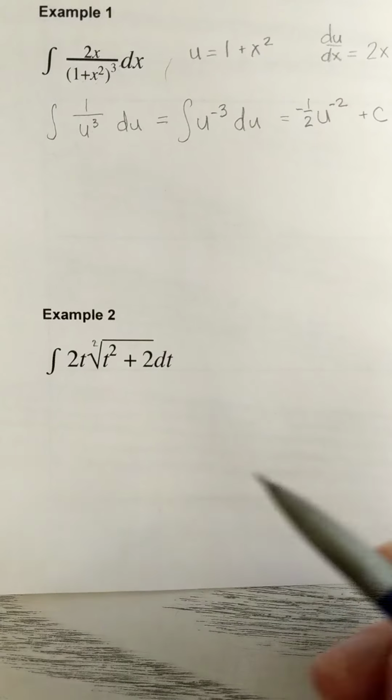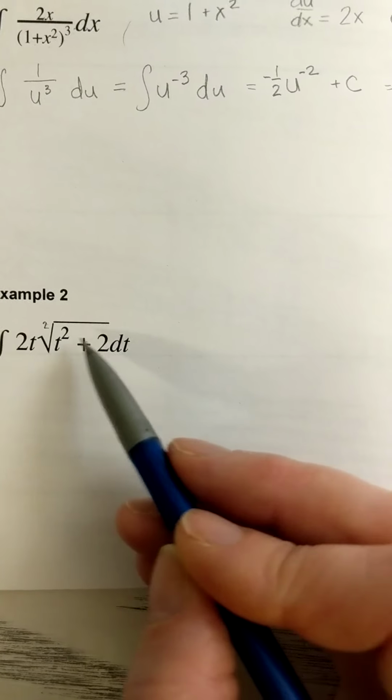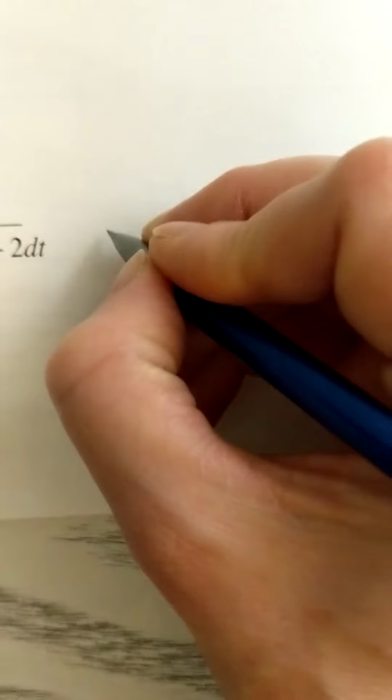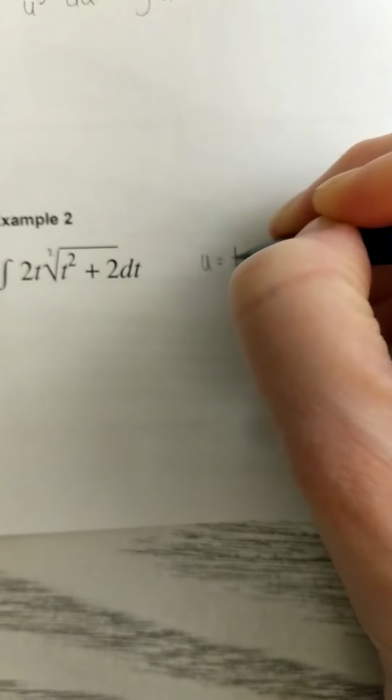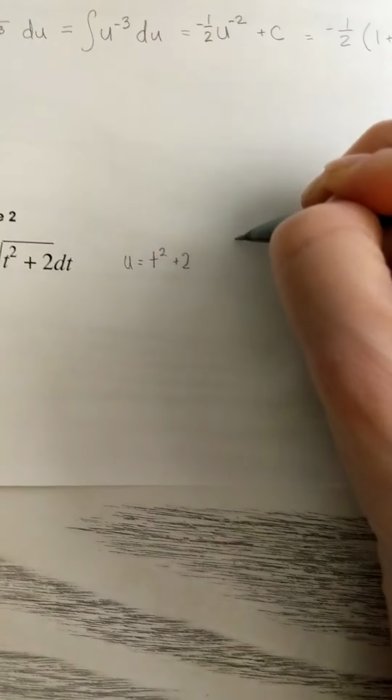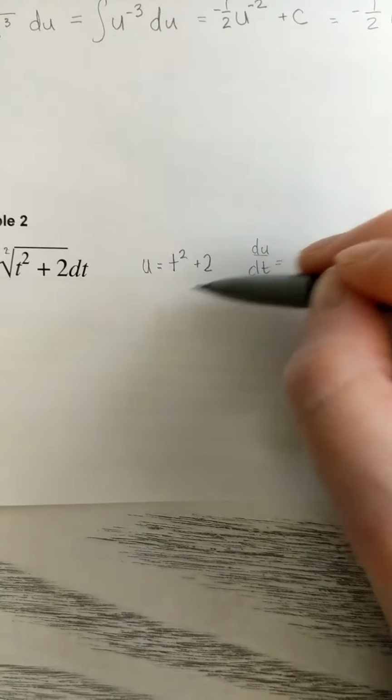All right, so let's see. We're going to have u be the expression inside the radical. So u is equal to t squared plus 2. And I'm just going to find the derivative of that. So du with respect to t is 2t.